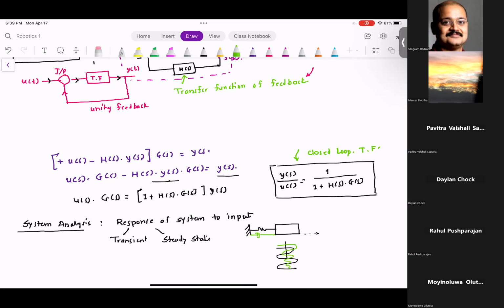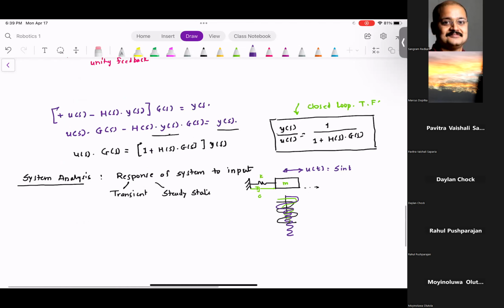Now let's understand that you have a stiffness, you have a damper, you have a mass, and on top of it you're applying some type of forcing excitation, say U of t. Because of this external forcing, and this could be a periodic forcing, sine t, initially this would be going up and down, and then it will continue to oscillate at the frequency of the external forcing function.